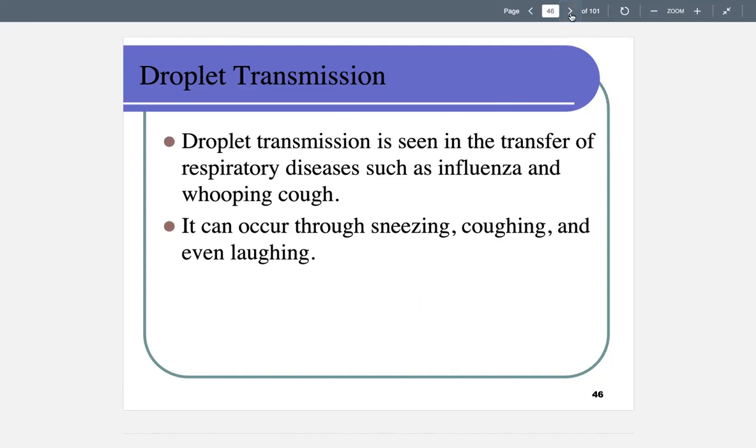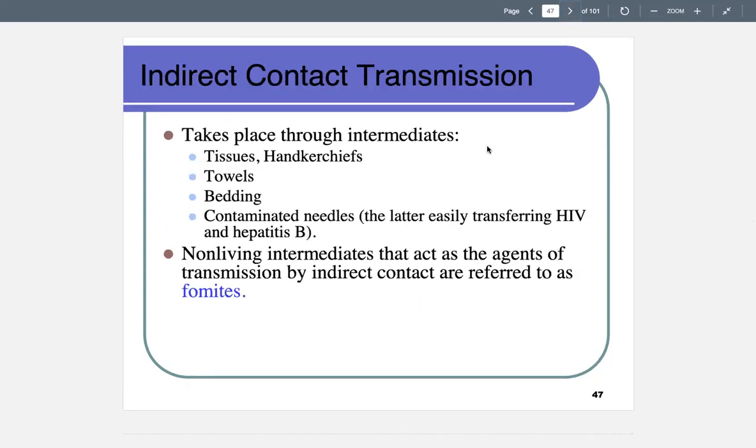That is droplet transmission. For indirect contact, as I said, we have what we call fomites, which are like intermediaries: non-living intermediates that act as agents of transmission by indirect contact.